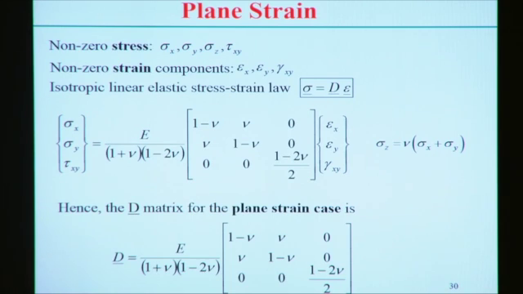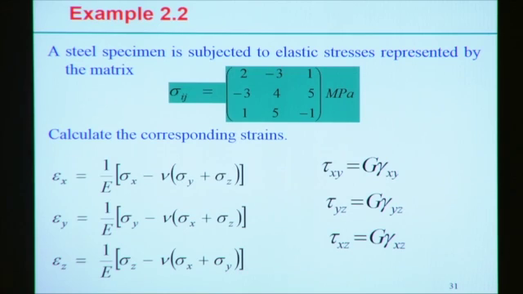So looking into that D matrix, different for plane stress and plane strain, we can correlate between the stress and strain when the condition exists as plane stress or as plane strain. Now if you look at one specific example, you will be able to identify the different components of the stress when it is subjected to some elastic deformation.